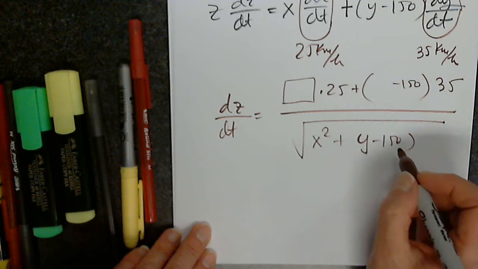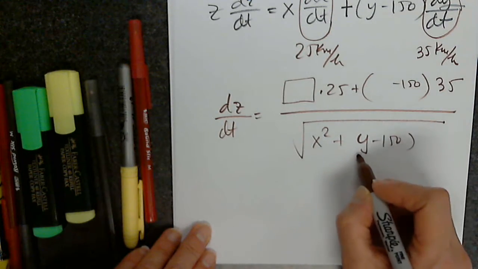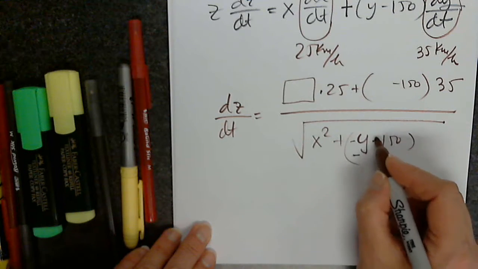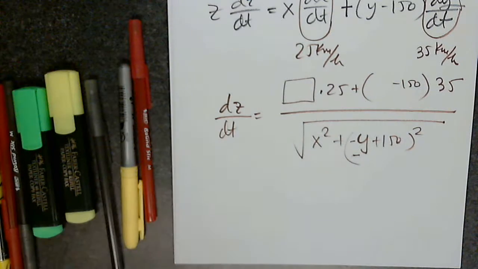No, it was 150 minus y. But it doesn't matter when I square, but I don't want to confuse you. Negative y plus 150 squared. 150 minus y.